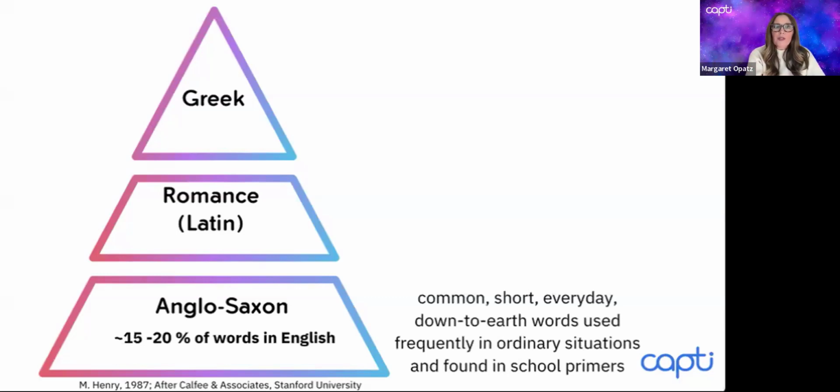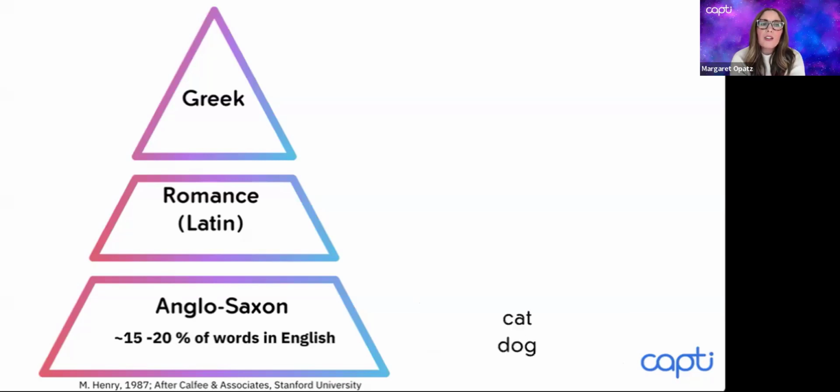Most kids, when they go to school, will know most of these words. They are also the words found most frequently in the primary grade reading texts. So when students are learning phonics, they're primarily learning these Anglo-Saxon words like cat and dog.